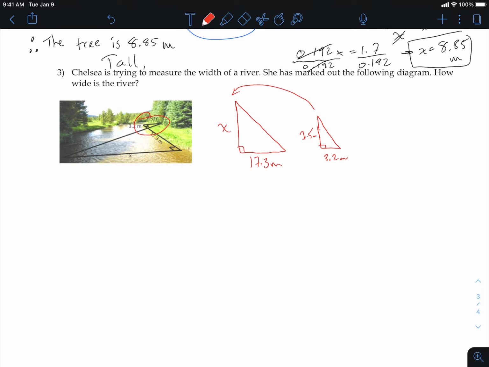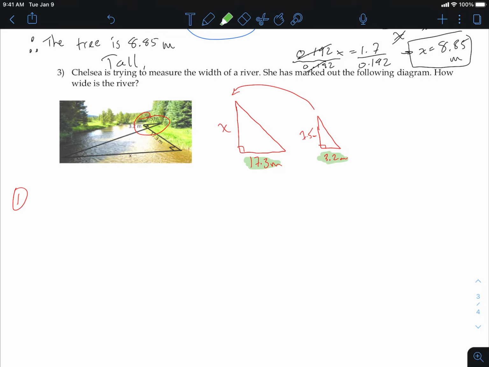Okay, so we can do this two ways. We can say, let's figure out what the scale factor is, right? And the scale factor would be, okay, we got to figure out which two side lengths do we have on both triangles, right? Where do they match up? Well, it looks like we have both bases of the triangles.